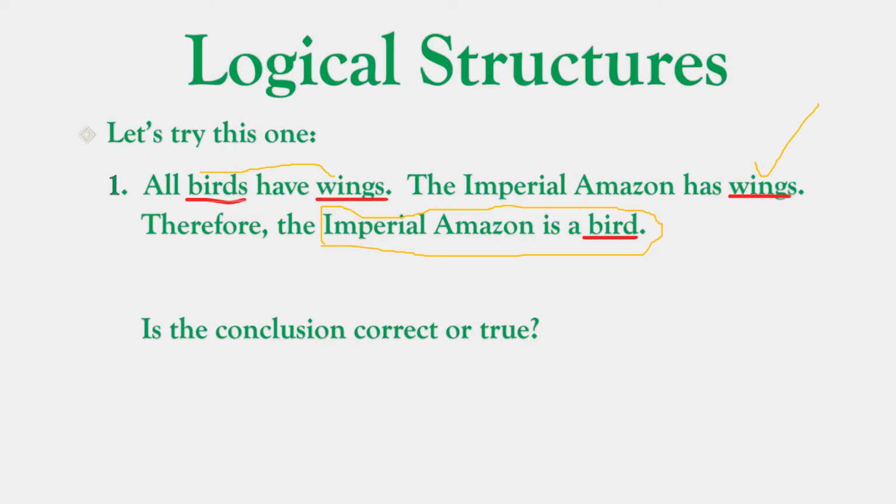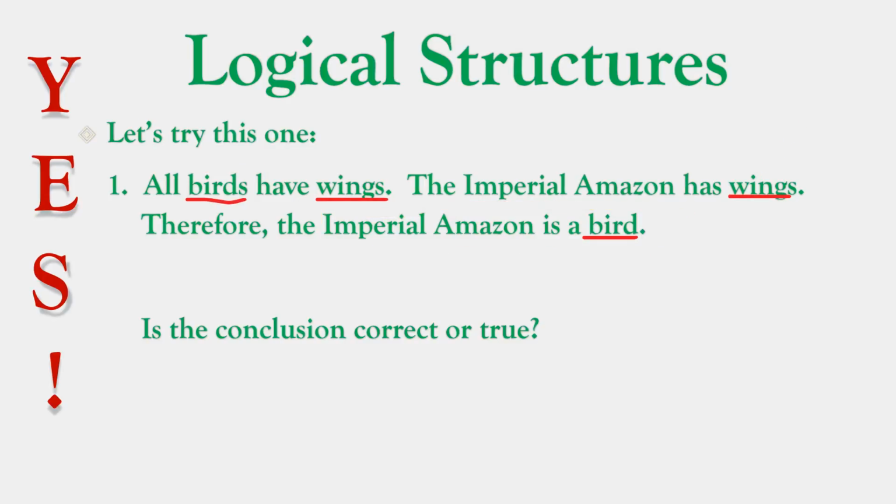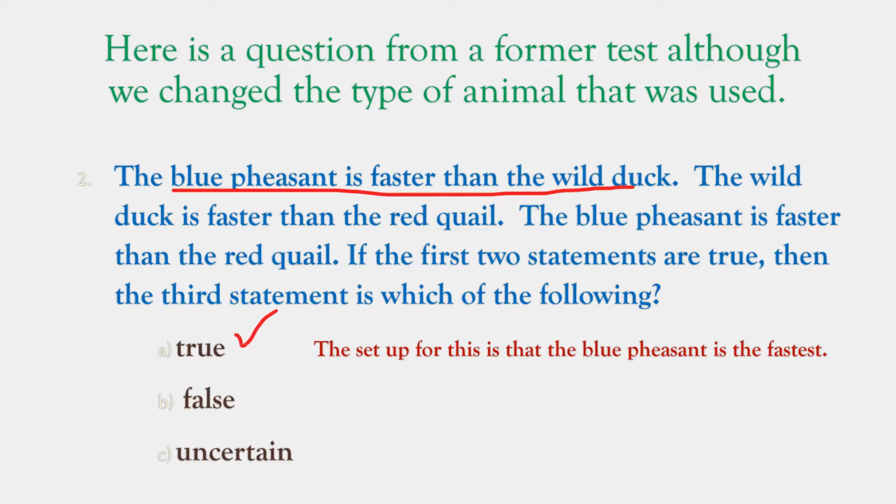And whether it's true or not, you're looking at what the words say. You're not looking at what the imperial Amazon really is. By the way, it's apparent, so it's true. But even if not, let's say it was a dog or a cat or whatever, you're looking at what these words say, no matter what you know or don't know about the imperial Amazon.